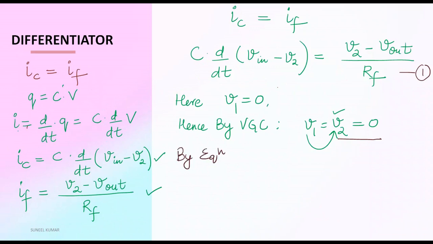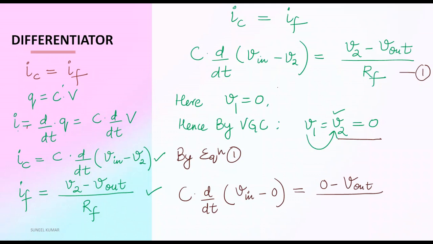By equation 1, C into d by dt of V input minus 0 is equal to 0 minus V out divided by RF.